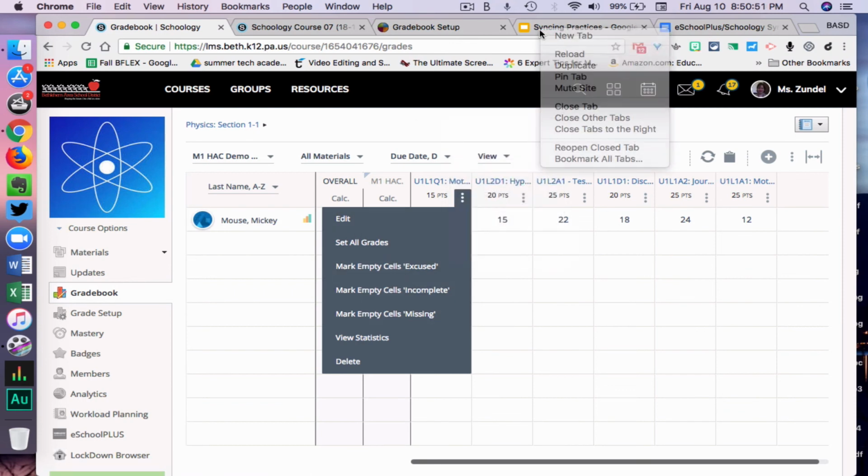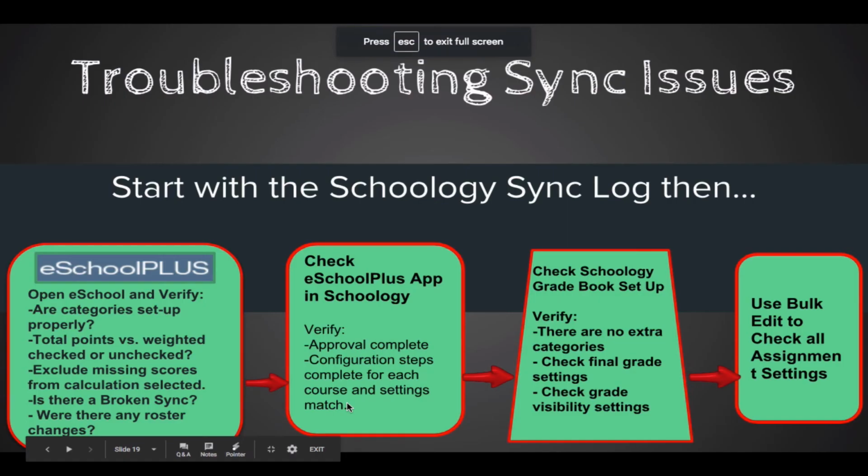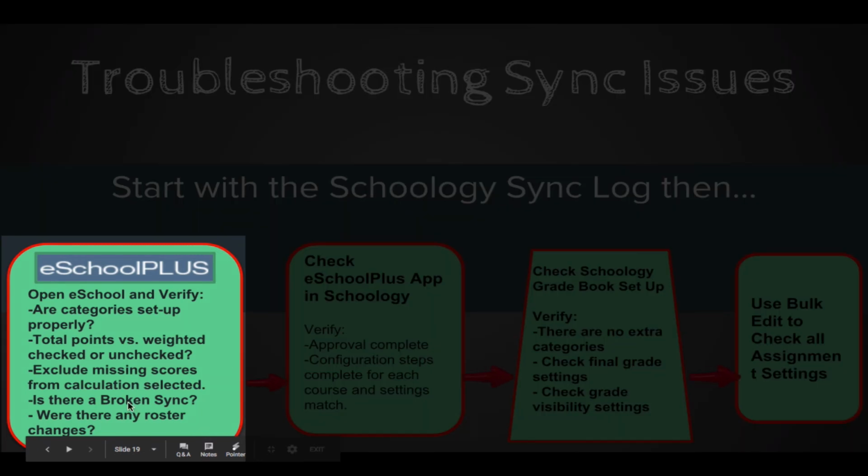So back to what we were doing here. Keeping in mind that in eSchoolPLUS, the best practice is to change all the grades from Schoology and then sync it. If you go into eSchoolPLUS and change something, like a student's score, anything, one little thing, it breaks the sync, that little tether between Schoology and eSchool for that assignment.